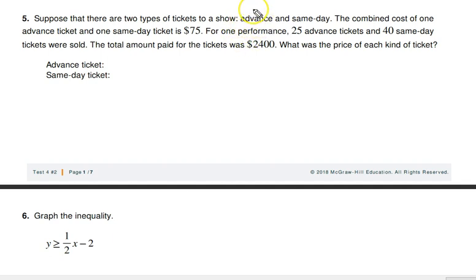Let's say the advanced ticket would be A, and the same-day ticket would be S. Okay? So we know then that this is the price of the advance ticket. This is the price of the same day ticket. And the cost of these together is going to be $75. That'll be my hint. And let's see what happens.